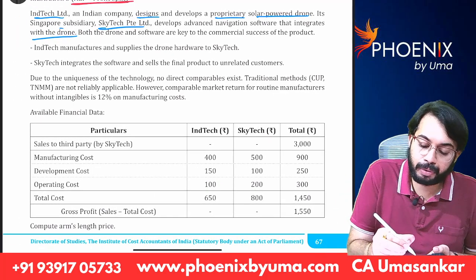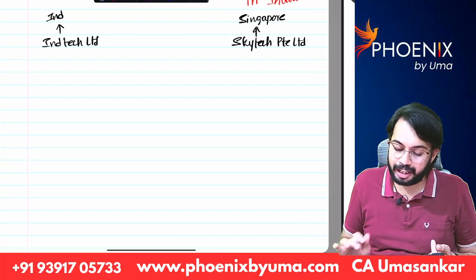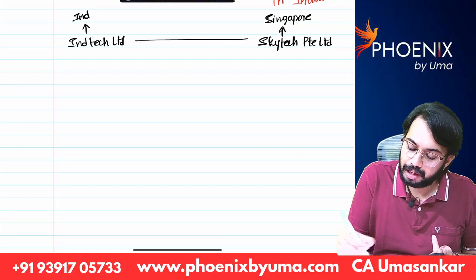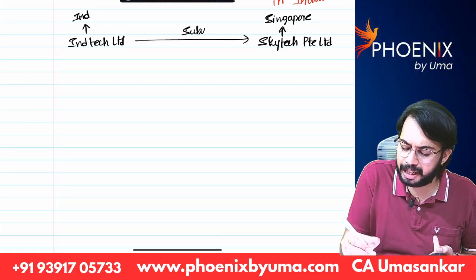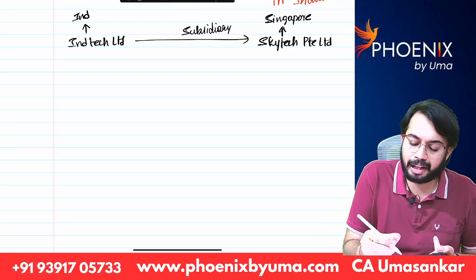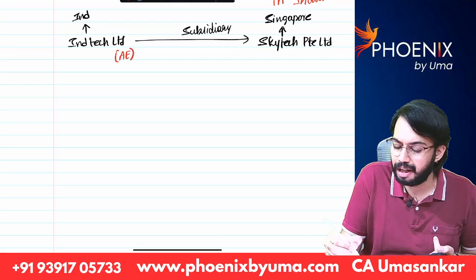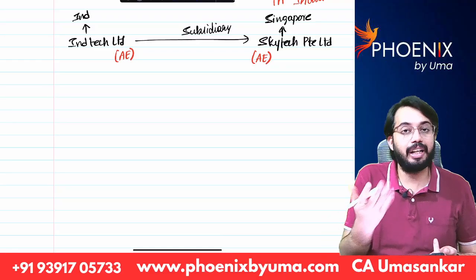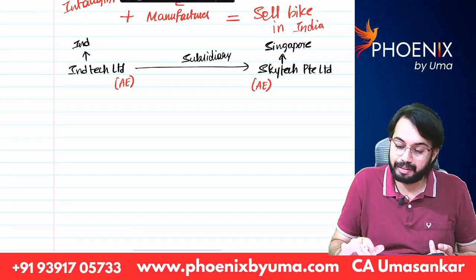The question itself says it is a subsidiary. Subsidiary means more than 50% shareholding. The moment it is more than 50% shareholding, both are treated as associated enterprises. Correct?